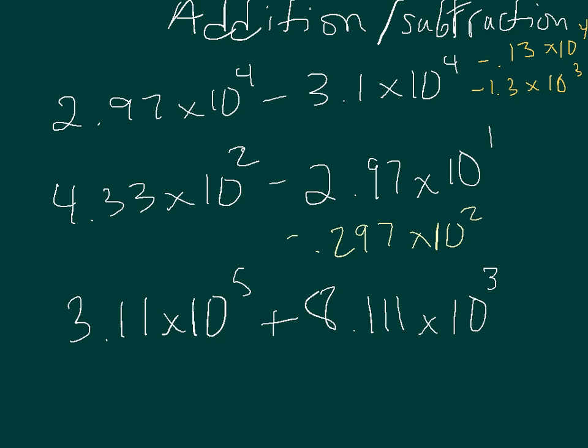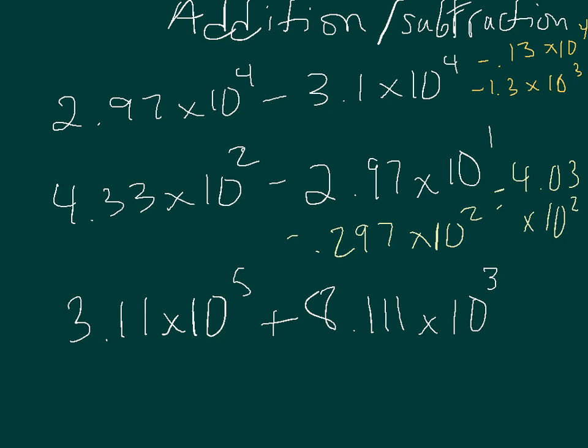And now I can very simply subtract these two numbers, 4.33 minus 0.297, and the answer that I get is 4.033. Remember, I'm only allowed two decimals based on this problem, so I get the answer of 4.03 times 10 to the second.